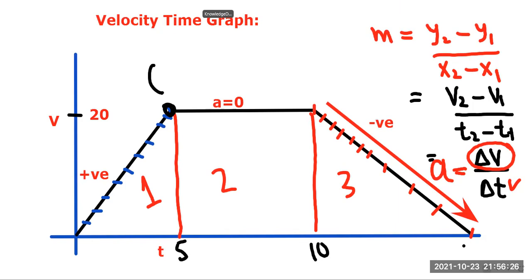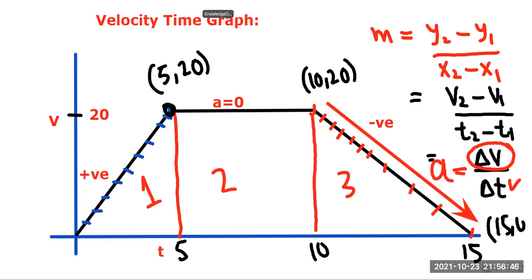Here time is 15. So the coordinates for this point would be, for x-axis it is 5 and y-axis is 20. For this, x is 10, y is 20. For this point, x is 15, y is 0, and for this point it is 0 comma 0.